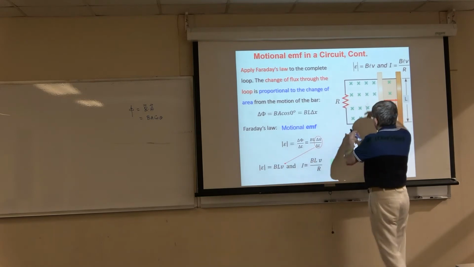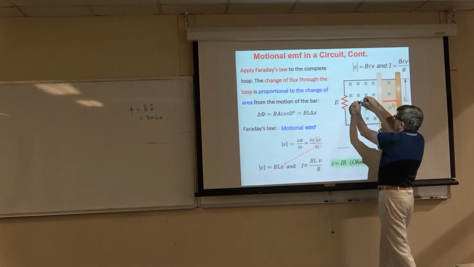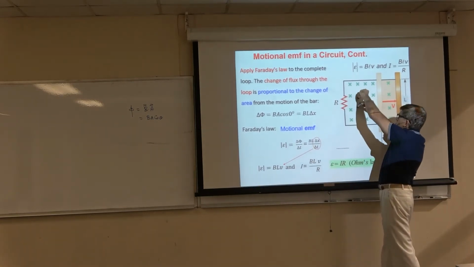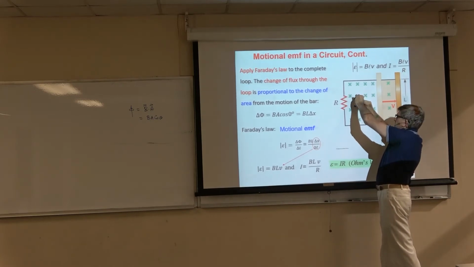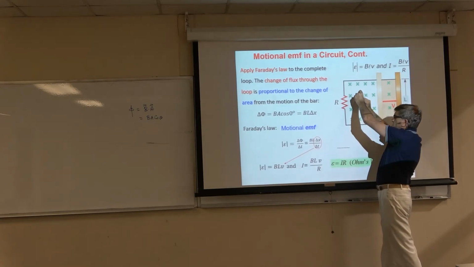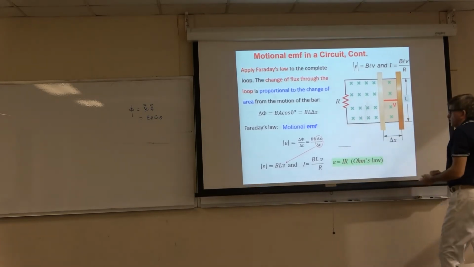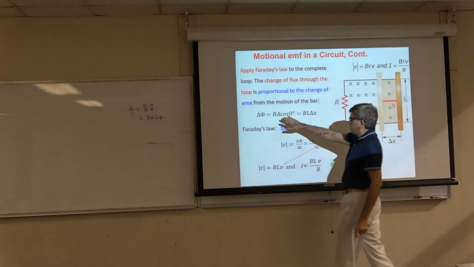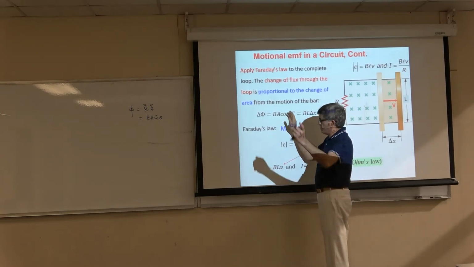Here are the magnetic field lines, and the normal to the area is also this direction. So the angle between them is 0, and B times A cosine of 0, which is 1.